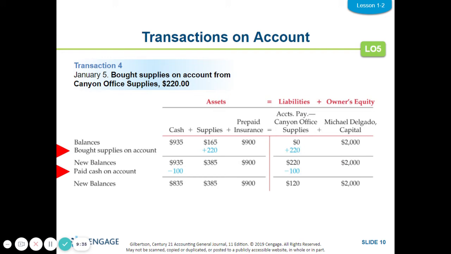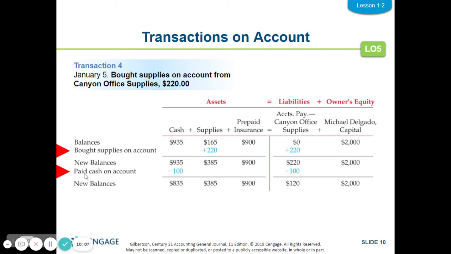And if something were to happen and this business were to go under, Canon Office Supplies is going to come back to Michael Delgado and say, give me my $220. And he's going to owe that to them. So our assets went up $220. Our liabilities went up $220. So our assets added together equal $2,220, and these two added together equal $220 and $2,220.